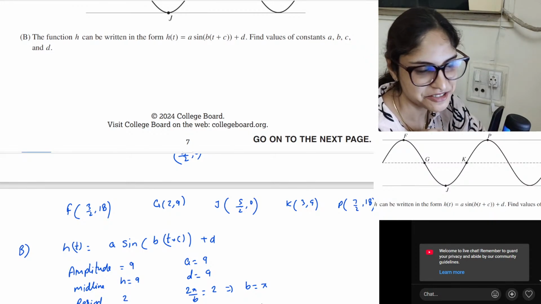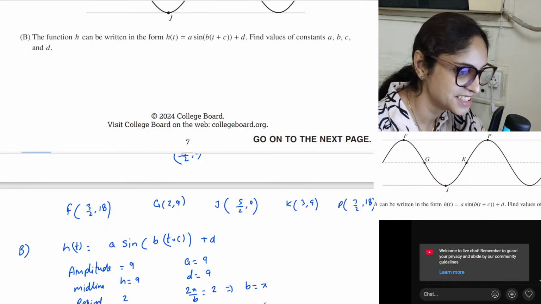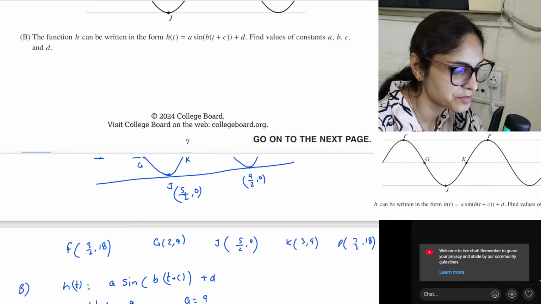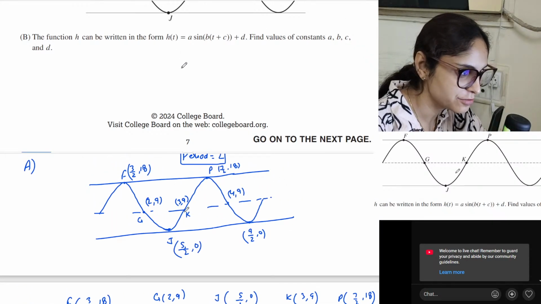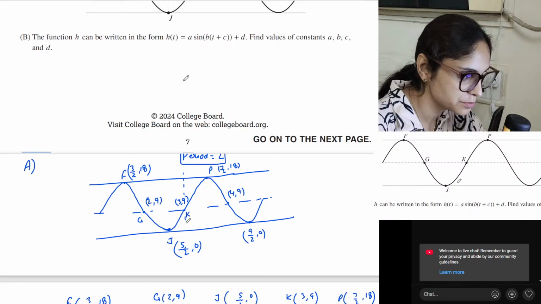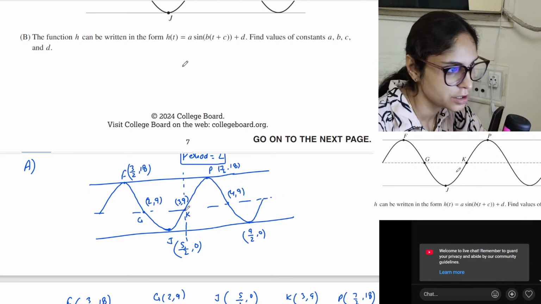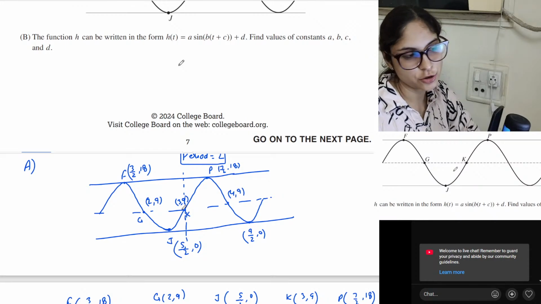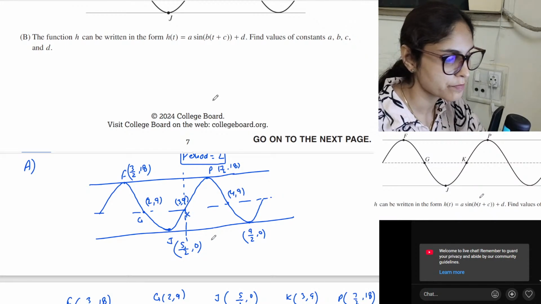Now we just have to find the phase shift. So now the sine graph, it should start from here. If you look at a normal sine graph, this point should have been 0, but now it is at 3.